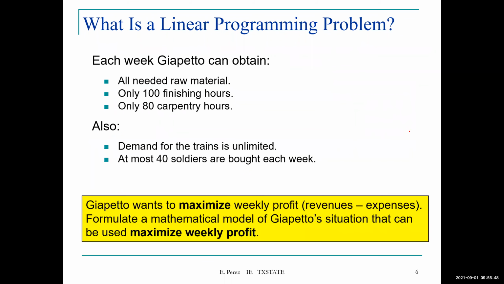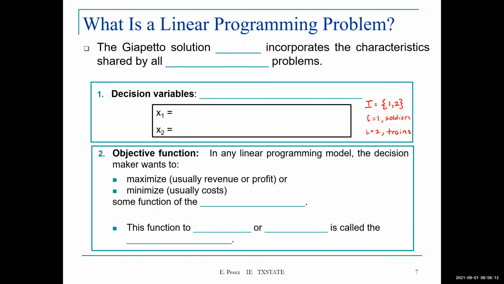What this is telling you is you only have 100 hours available for the week. So you're going to assign them to trains or to soldiers. How many of those are going to be assigned to each product? Same thing for the carpentry hours. Those are the capacities that you have available.